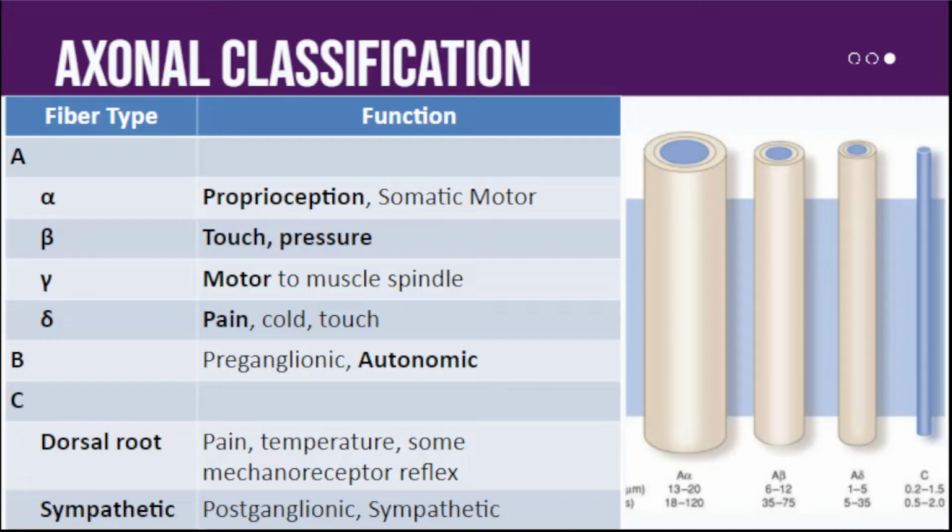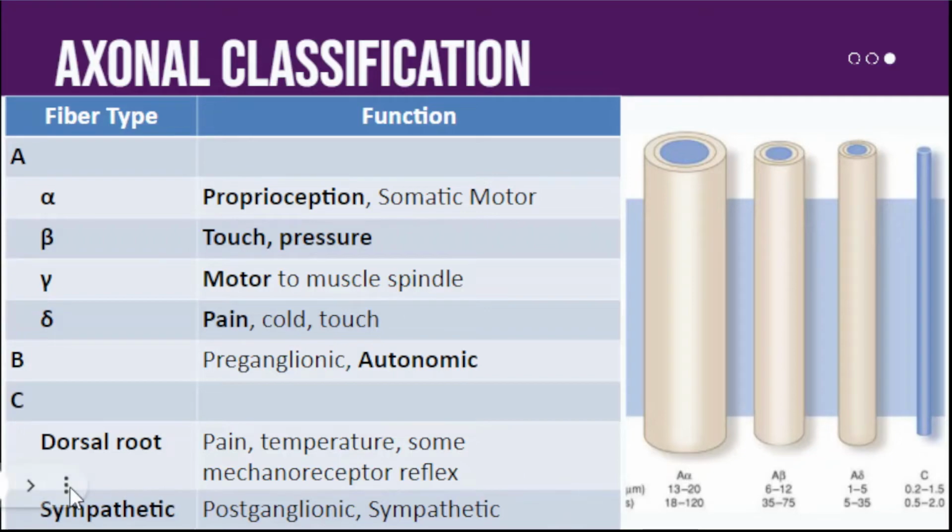So that's your A gamma, motor to muscle spindle. Your type B again can be found in your viscera and autonomic. So that's their function. And then your type C, no? As you can see here, they carry most of pain. And they can also be found in our autonomic nervous system. And under the autonomic nervous system is sympathetic.